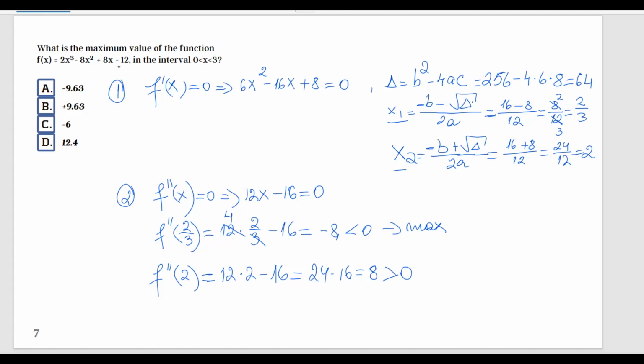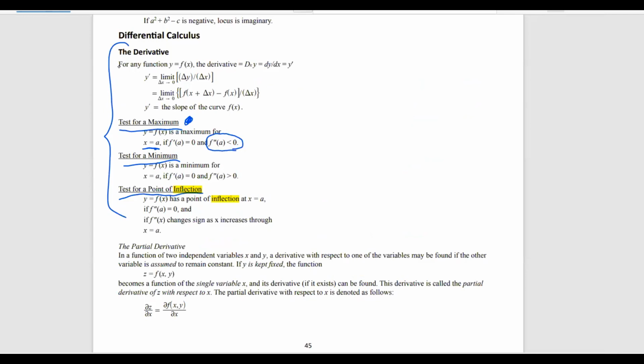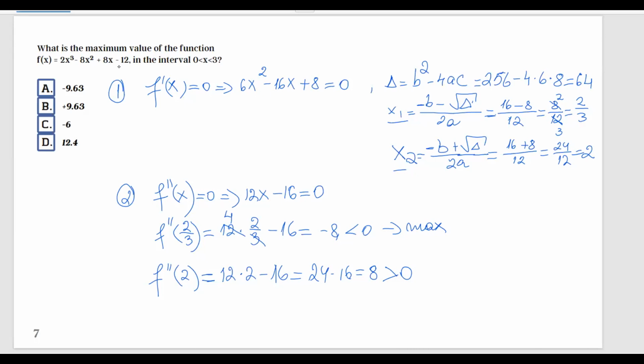If you go to the FE handbook, whenever the second derivative is greater than 0, that is a minimum. So in this case, not that we need it, but I'm just pointing out that this is going to be a minimum. Okay, this is a maximum. So the second derivative at 2/3 gives us a negative result. That means that this value is a maximum.